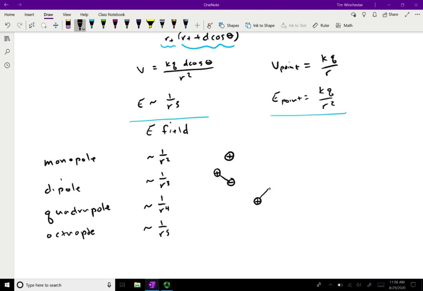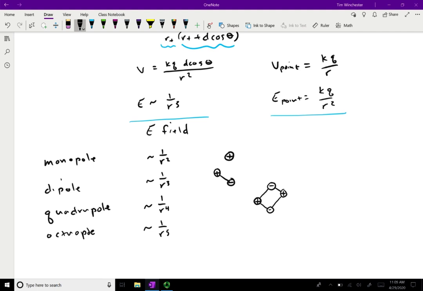What that looks like is we have a dipole, but then another dipole oriented oppositely. So you can imagine kind of a square of charges. This has no dipole moment, but it will have an electrical interaction, and you can calculate the most important part of that interaction by calculating the quadrupole moment.